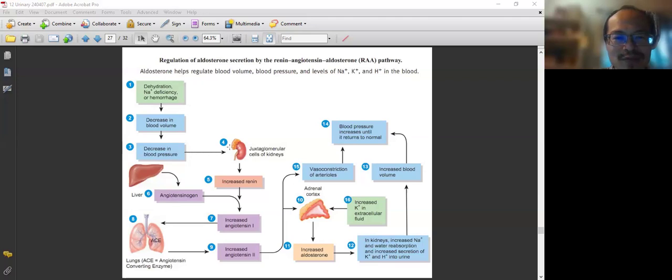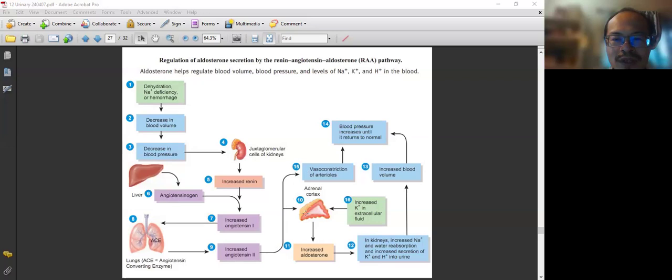This decrease in blood pressure and the low sodium will cause the kidney's juxtaglomerular cells to release renin. Renin will convert angiotensinogen to angiotensin 1. Angiotensin 1 circulates in the blood. When it circulates in the pulmonary circulation, the enzyme ACE will convert angiotensin 1 to angiotensin 2.